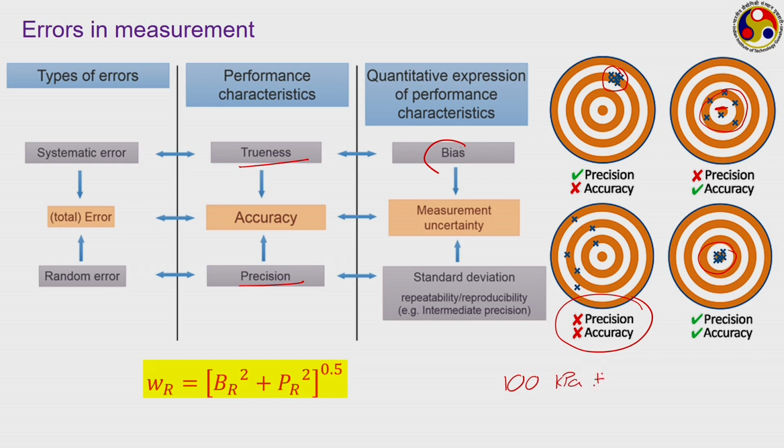The most common way of representing the error is plus minus 1%. It indicates that while the instrument is reporting a value of 100 kilopascal, the actual value may be anything between 99 to 101 kilopascal, that is plus minus 1% of whatever we are getting.